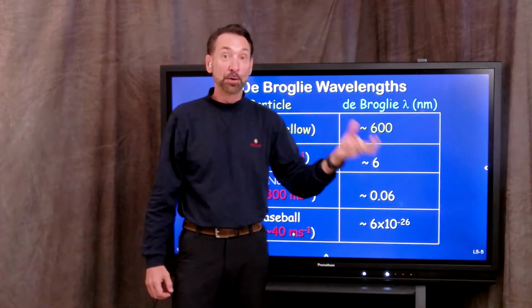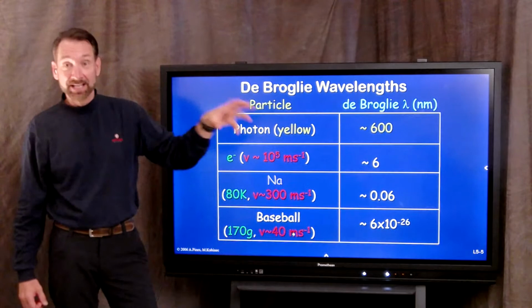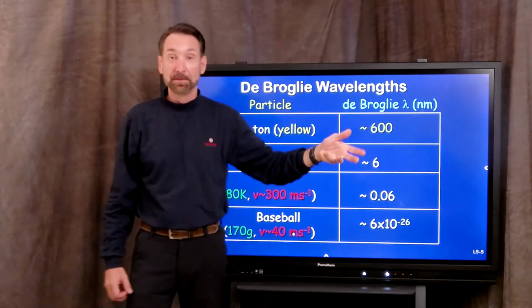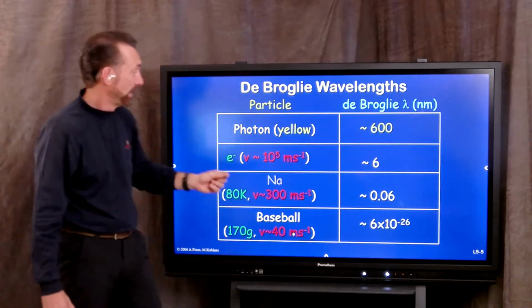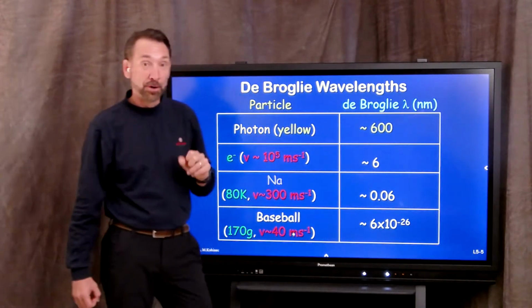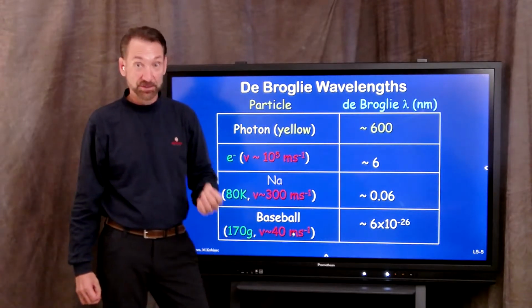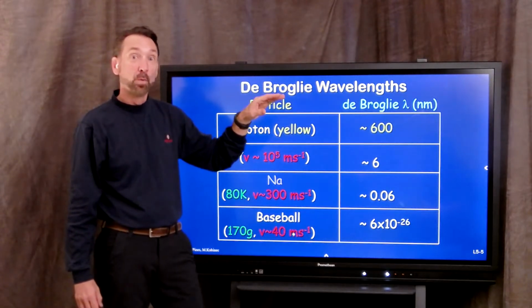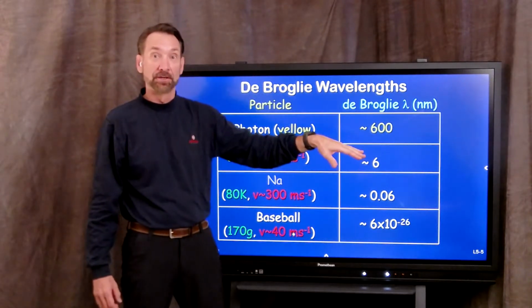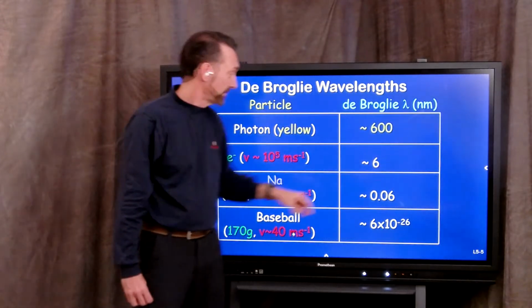It's on the order of the size of atoms and molecules, so an incredibly small wavelength. It has that wavelength, though, that just starts to be detectable. We could do that diffraction experiment and see electron waves interfering with each other. So it's a detectable wavelength, but a very small one.